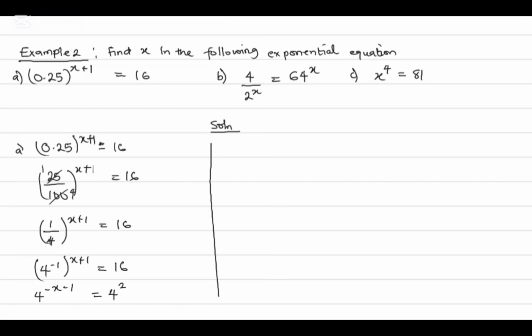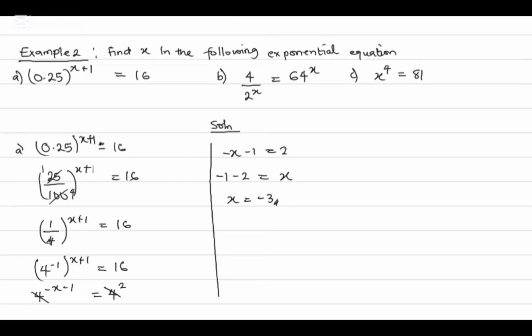If we eliminate the common base, I will have minus x minus 1 being equal to 2. And then we move the x to the other side of the equation. The x comes here, and the 2 comes to the other side. So I have minus 1 minus 2, so I have that x is equal to minus 3.